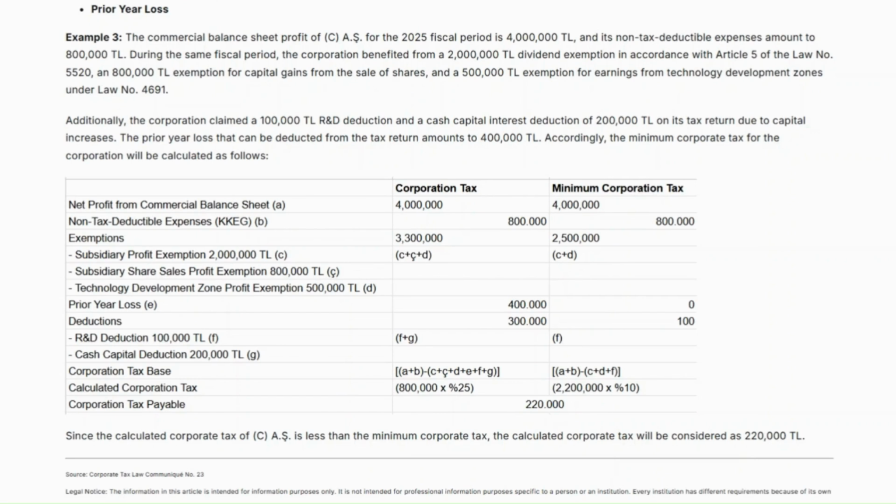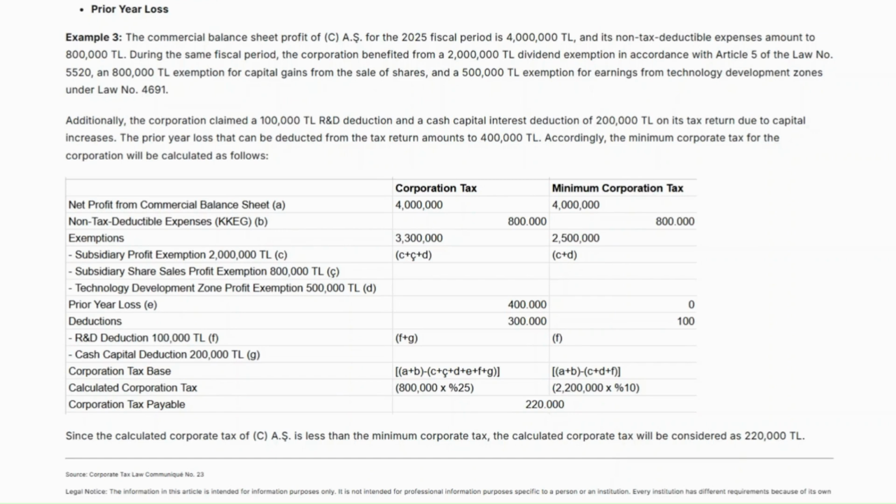Additionally, the AŞ holds an investment incentive certificate for an investment completed in 2024, and for the 2025 fiscal period, the taxable income subject to reduced corporate tax under this certificate is 4 million Turkish lira with a discounted tax rate of 5%. Accordingly, the minimum corporate tax for the mentioned corporation will be calculated as follows.